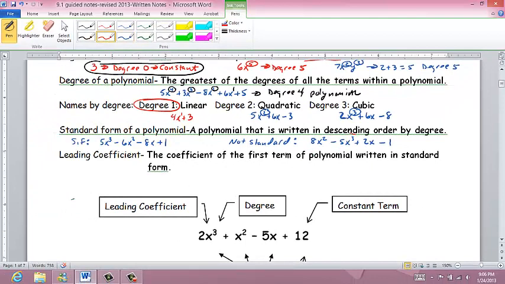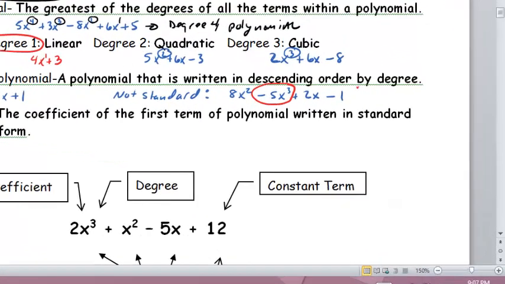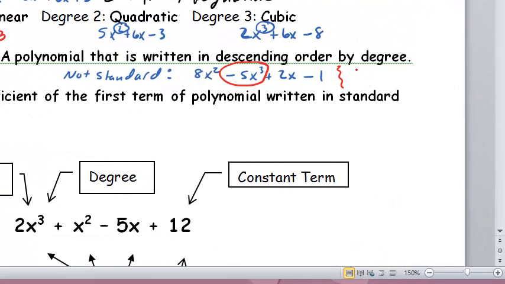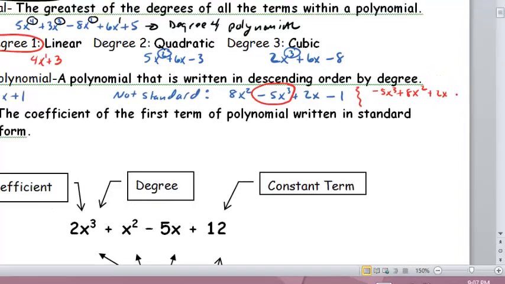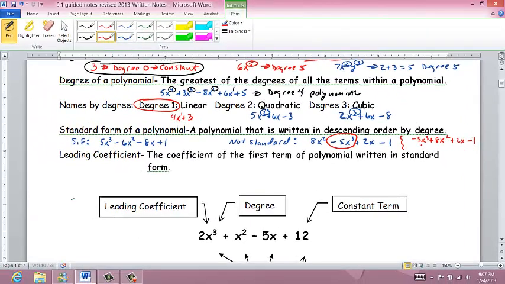We know this term would have to go first, but we always have to keep in mind the sign to the left of the term. So, if we were to write this in standard form, negative 5x to the third would go first. You have to see that the sign to the left is negative, plus 8x squared, plus the 2x, and then minus the 1. Now it is written in descending order by degree.